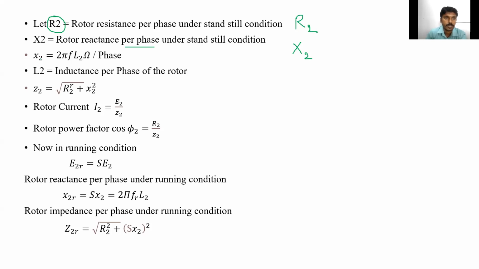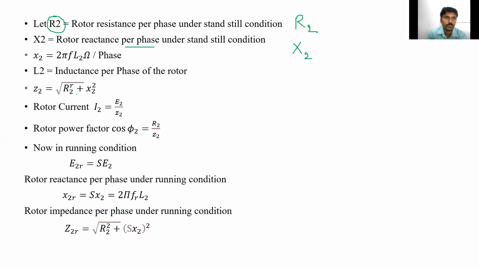So next, X2 is equal to 2 pi f L. We know the formula, reactance X is equal to 2 pi f L, where L2 is the inductance per phase of the rotor.